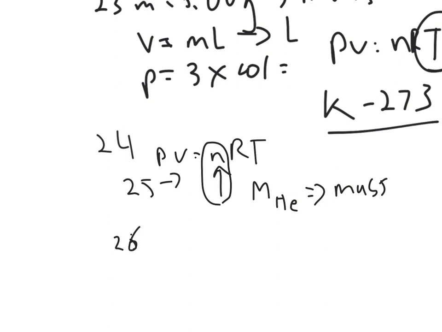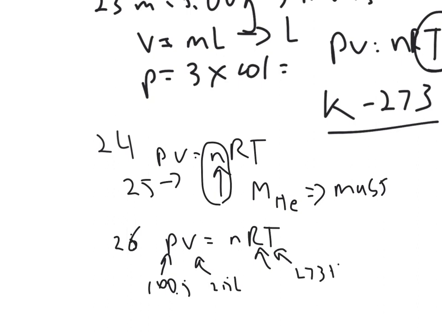Find the molar mass of a 6 gram sample. So this is where it's going to get a little kooky. PV equals nRT. You don't know your molar mass, unknown gas, but it gives you a pressure, which is 100.5, a volume, which is 2.5 liters, gives you your R, and temperature, 273 plus 18.